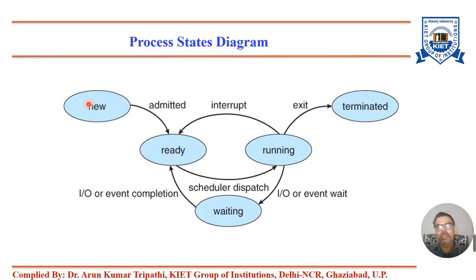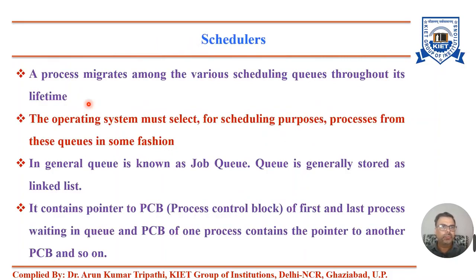Why is it known as the long-term scheduler? Because it takes a longer time to bring a process from the hard disk or the job pool to the ready queue. That's why it is known as the long-term scheduler. It is also known as the job scheduler.